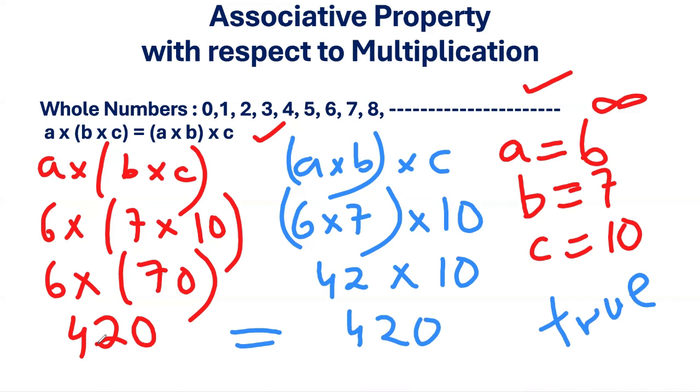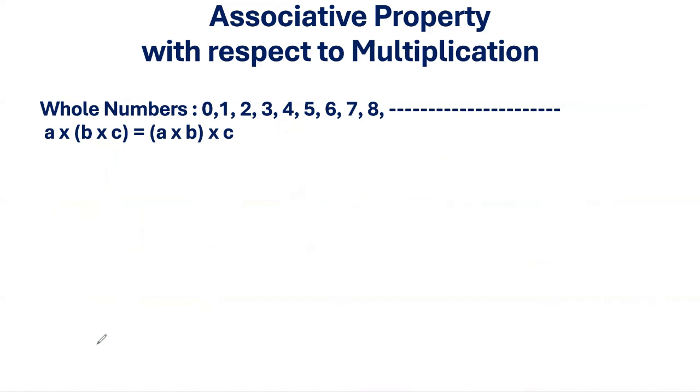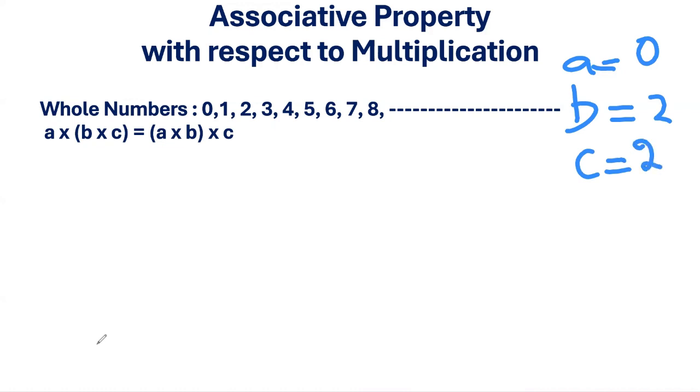Let's take another example. Now we are taking A is equal to 0, B is equal to 2, and C is equal to 20. So A, B, and C we have taken from the set of whole numbers.